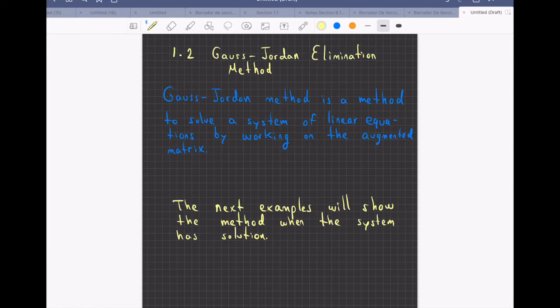But by now, I want to focus in this video on how the Gauss-Jordan method works. Other cases will be covered later.